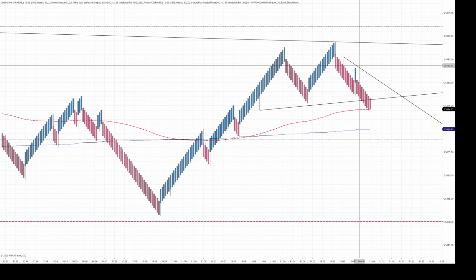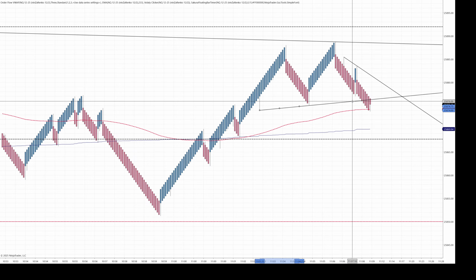Okay, our new downward trend line's like that, so we can't take the bounce here.